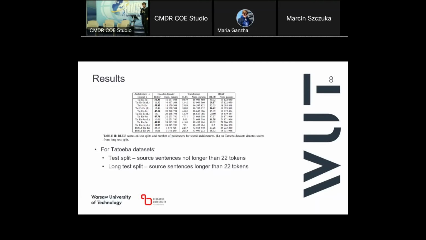This was done to check how the agents and tested architectures behave when they have to process longer inputs. Bolded are the best results for each tested language. So, for example, for Tatoeba Spanish-English, the best BLEU value on the regular test set was the encoder-decoder based on GRU, but on long tests our architecture was the best.